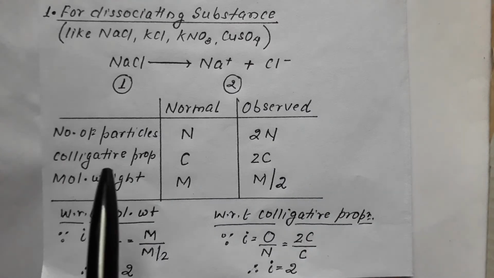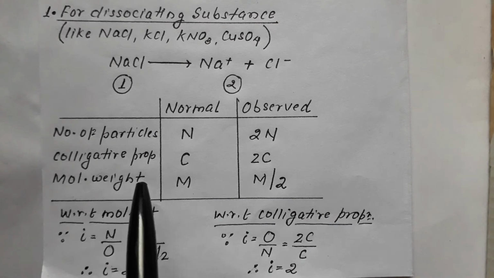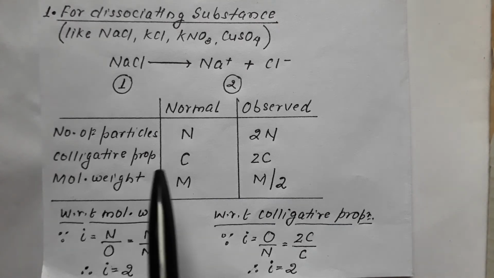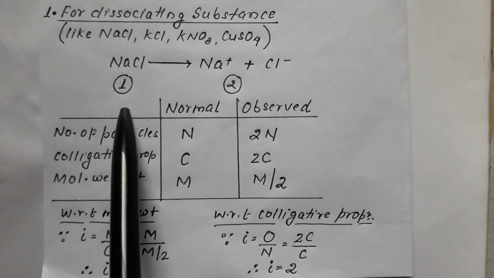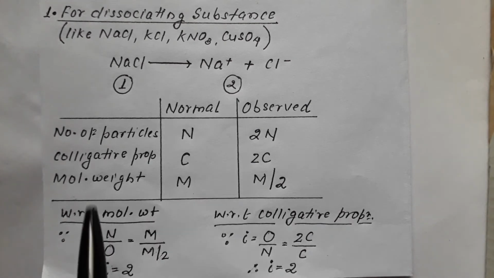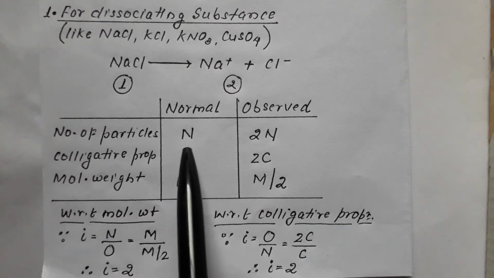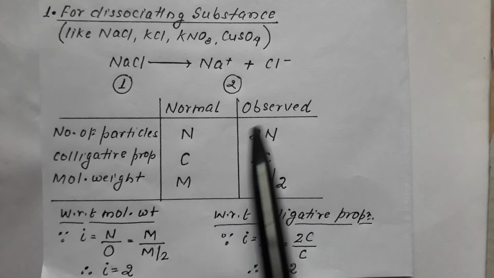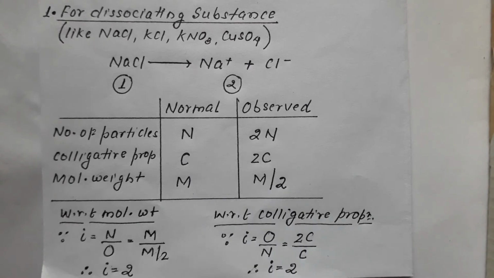So for substances which dissociate in the solution like NaCl, KCl, KNO3, etc., if one particle ionizes into 2, the number of particles, normally n, would be observed as 2n. Hence the colligative property, if it should be C, the observed would be 2C. Since the colligative property is in the denominator, the molecular weight, if it should be m, would be m by 2.